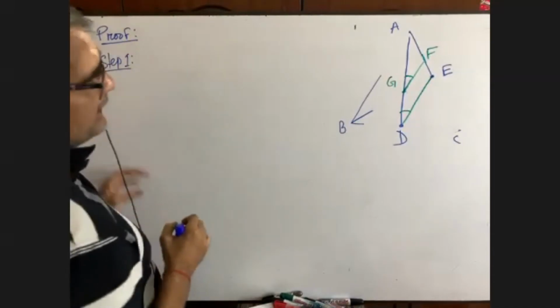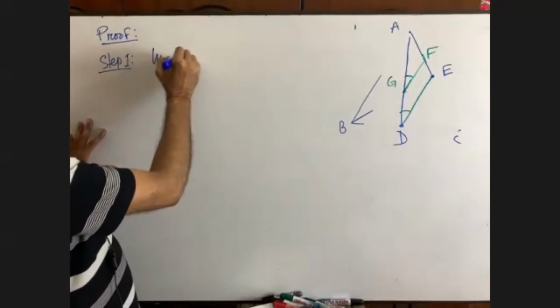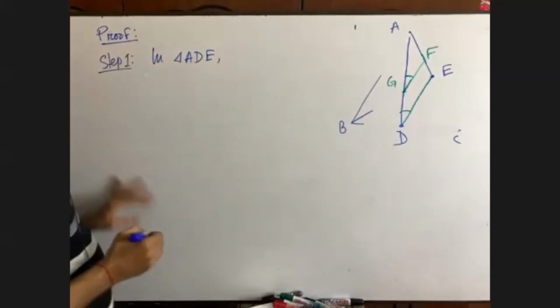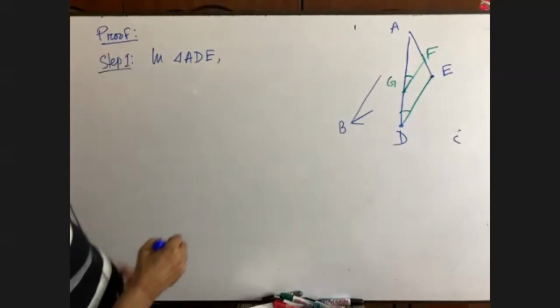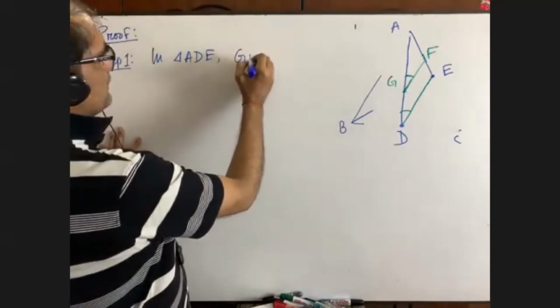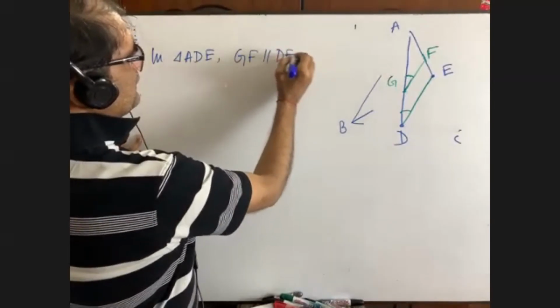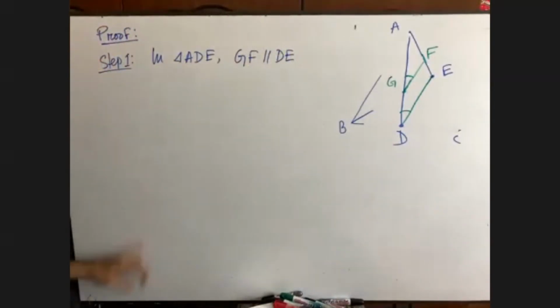In triangle ADE, what we are getting here, ZF is parallel to DE, right? As per the construction, or it was also given in the particular enunciation, that ZF and DE are parallel.